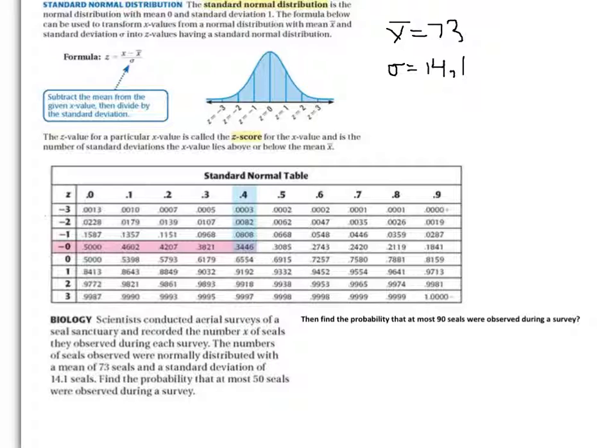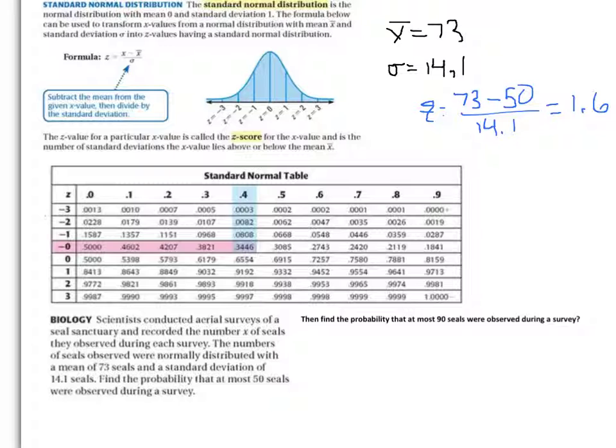So what do we do for this? You say 73 minus, what number are we looking for? 50, divided by the standard deviation, 14.1. That gives us our z-score. So 73 minus 50 divided by 14.1 equals 1.6. Why did I do tenths? Because that's what our table gives us. Oh, hold on.